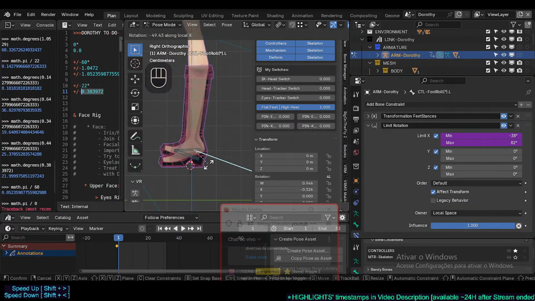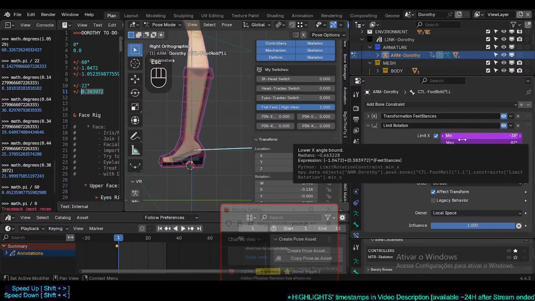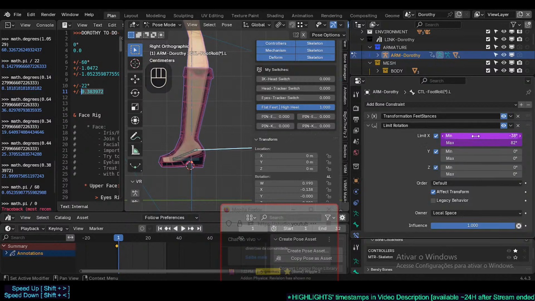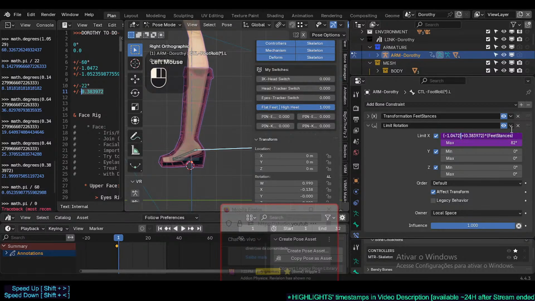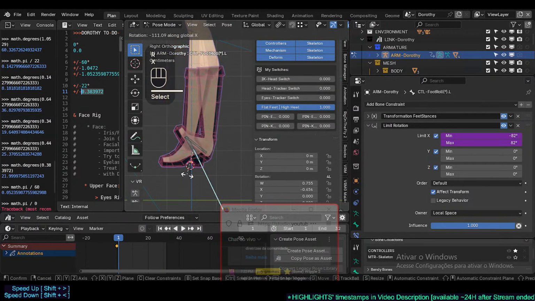Augmenting the range. Why not, right? So then possibly we were mistaken here. All right.